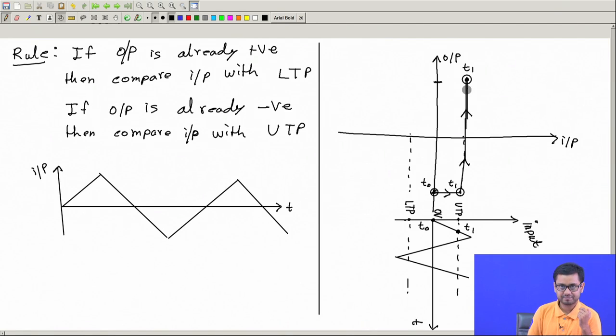After that, let me call this point t2. So from t1 to t2, the input increases. I go from left to right, come up to this point, maybe a little less, and the output stays positive. Let me put an arrow.